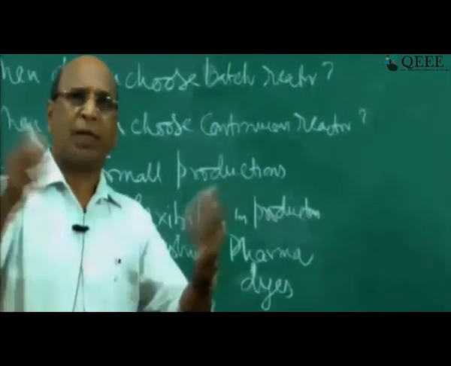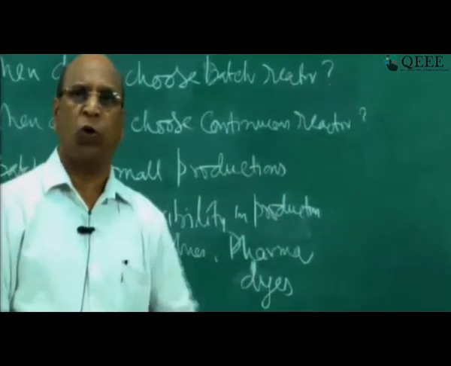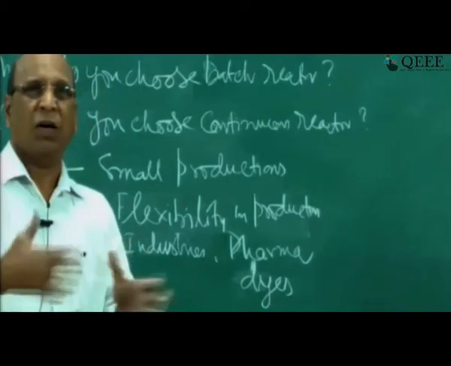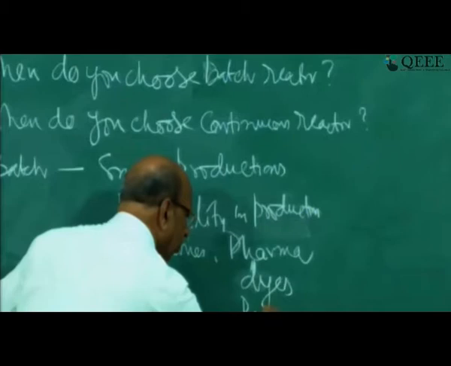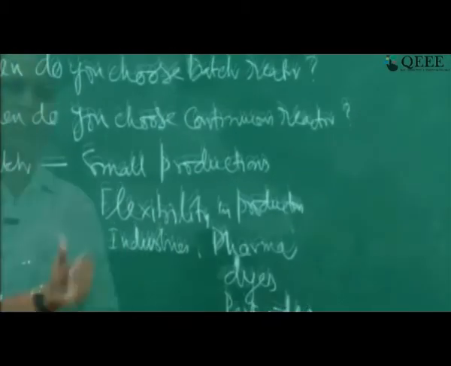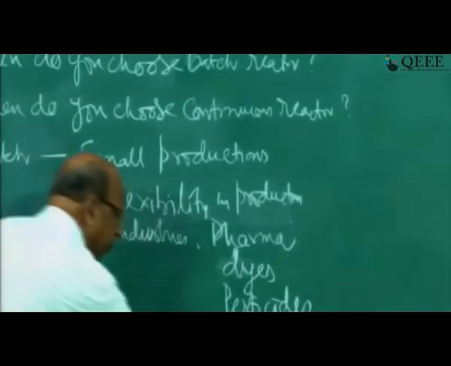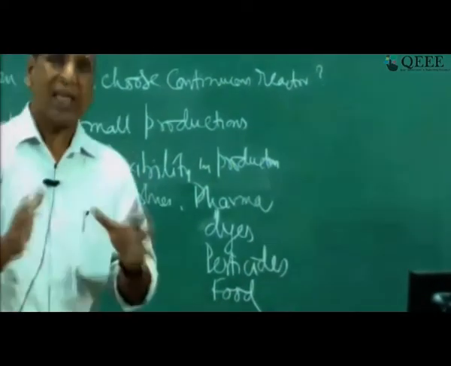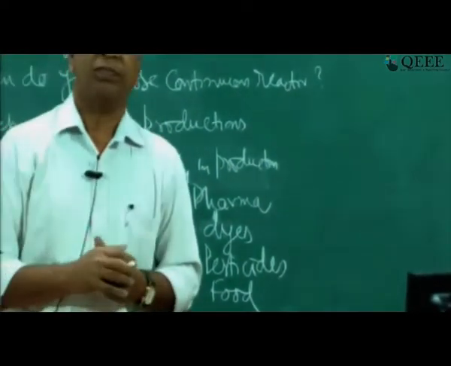Tomorrow, the day after, it may be green dyes, and afterwards blue dyes. Again there is flexibility in dyes, colors. How do you change the colors? And you also have pesticides. The pesticide industry, dye industry, pharmaceutical industry and food industry. These are the industries that generally use a batch system.